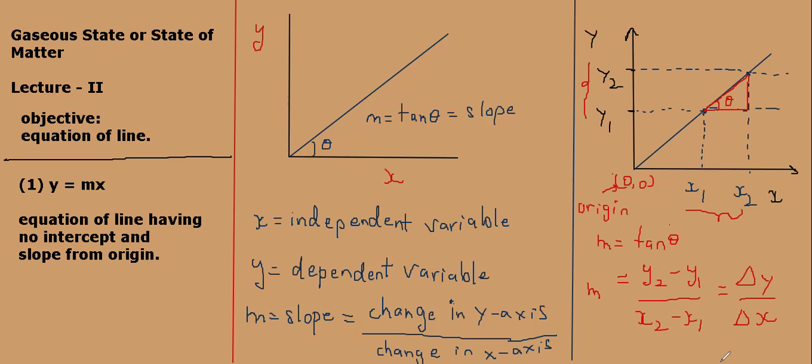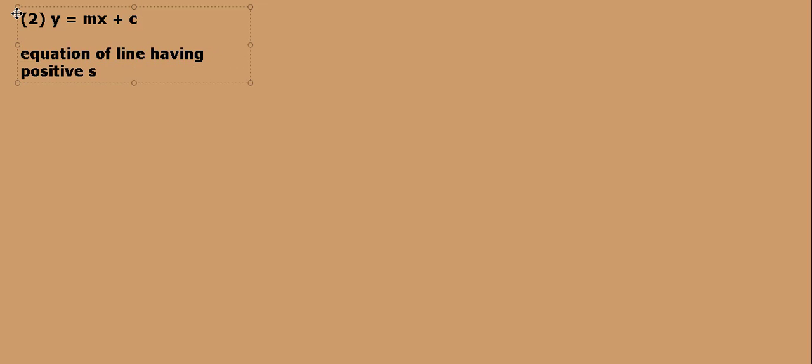Going for the next one now. We are going to deal with the second graph here. The second graph is y equal to mx plus c, right? So the second equation of line is y equal to mx plus c. This is the equation of a line having positive slope, or we can say the ascending slope, right?